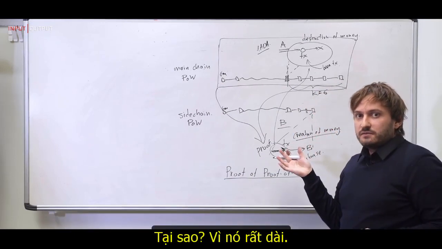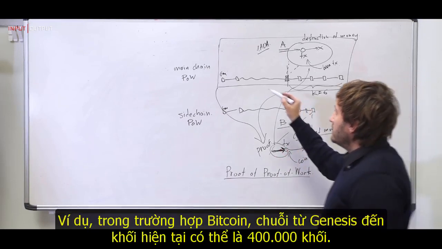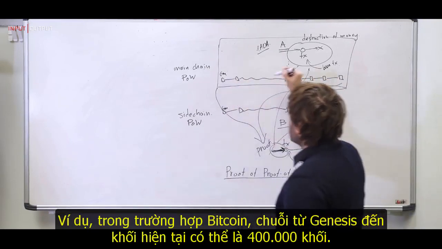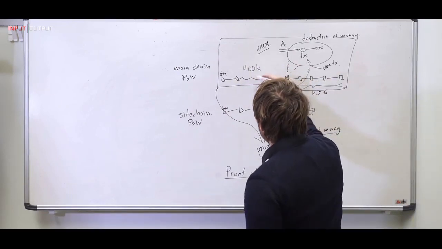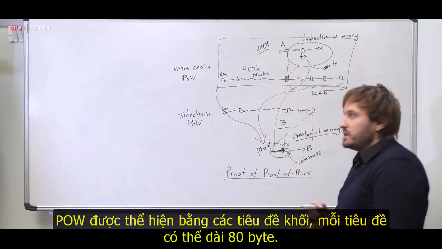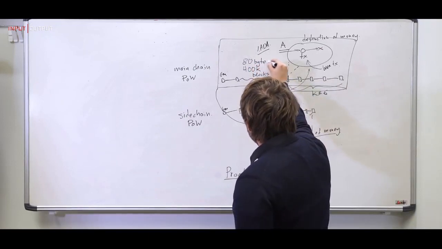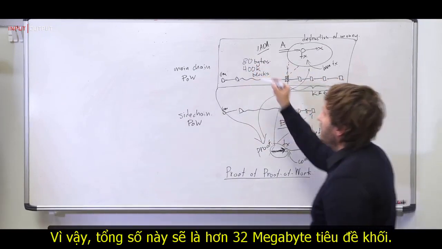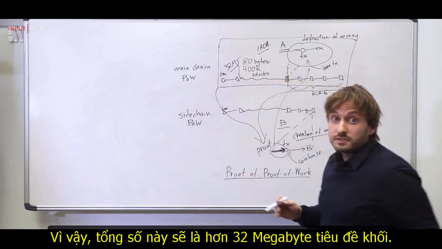Why? Because it's very long. For instance, in Bitcoin's case, the chain from Genesis to the current block is maybe 400,000 blocks. The proof of work is represented by the block headers, each of which could be 80 bytes long. So the total of this would be more than 32 megabytes of block headers.